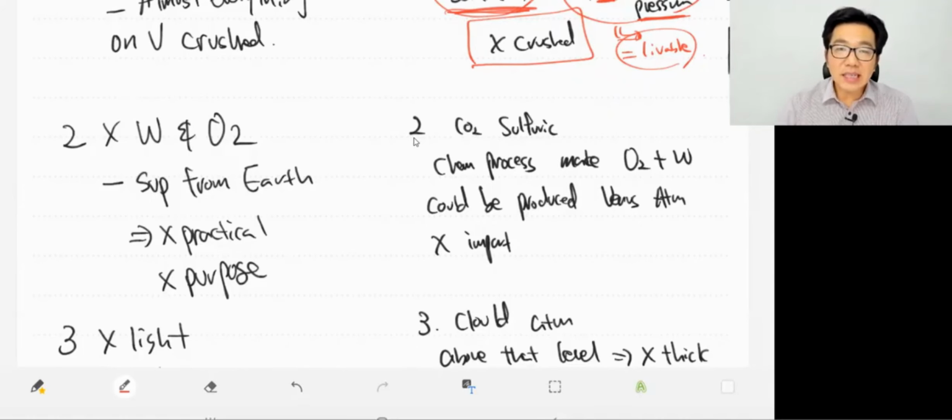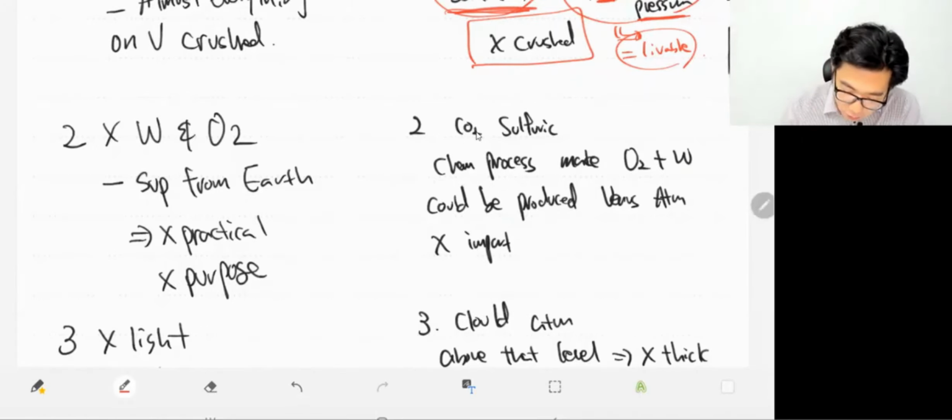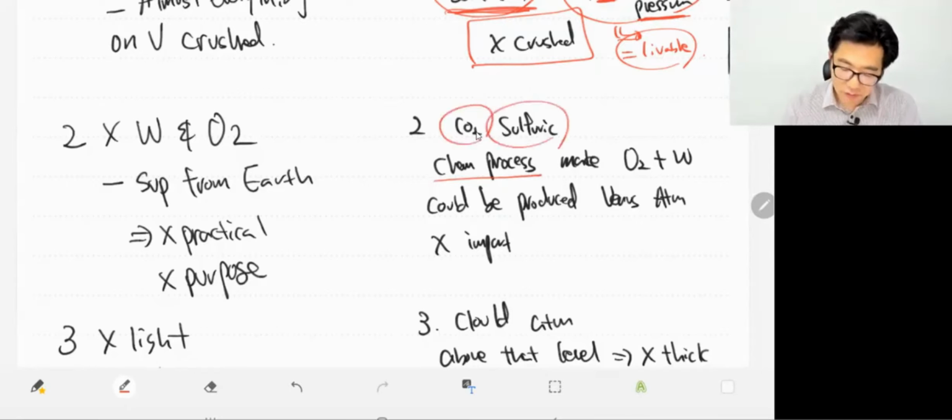So in the listening, it's saying they can go through the chemical process using carbon dioxide, sulfuric acid, and or nitrogen, or whatever chemicals Venus has.